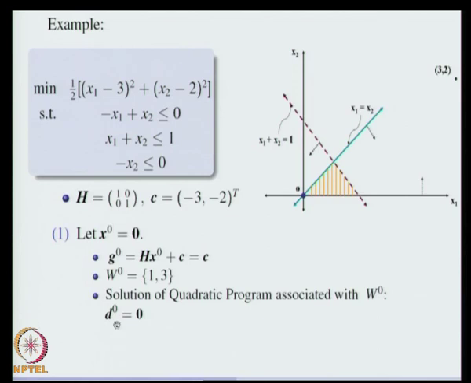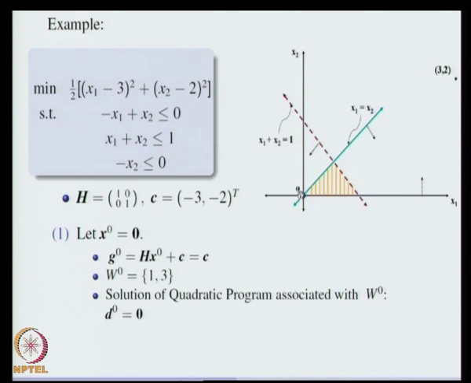So, you can check that the solution to that quadratic program is d 0 equal to 0. It is easy to see, because if you take these two constraints, this is the only feasible point as far as these two constraints are concerned, and therefore, that has to be the minimum point, and therefore, d 0 is equal to 0.